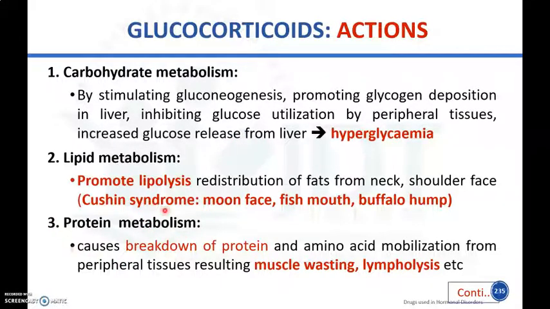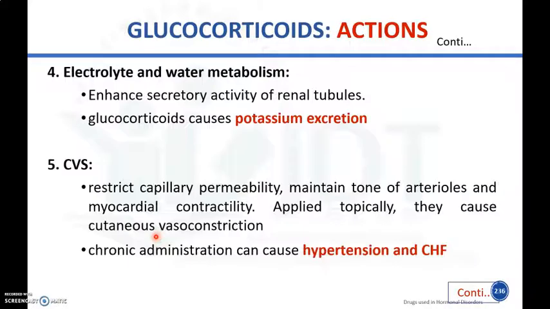Now coming to third action, that is on protein metabolism. Glucocorticoids may cause breakdown of the protein and amino acid mobilization from the peripheral tissue, which may result in muscle wasting and lympholysis also. So these are the actions of glucocorticoids on protein metabolism.